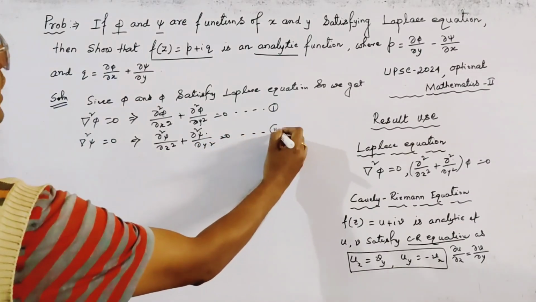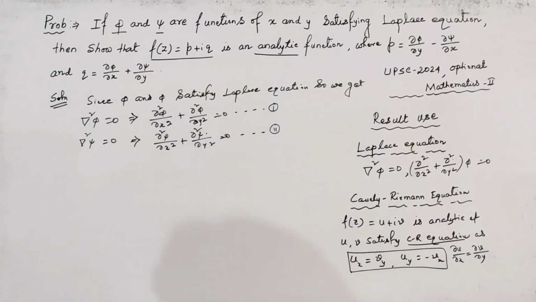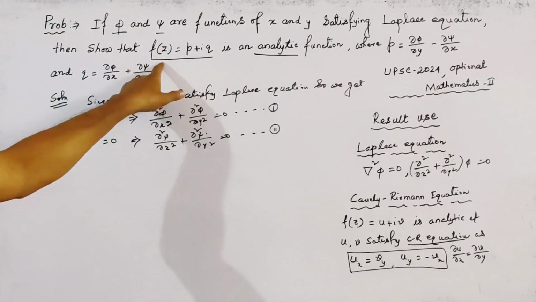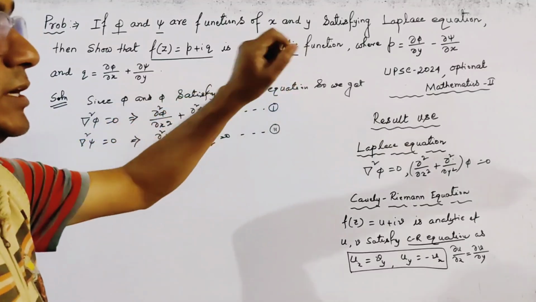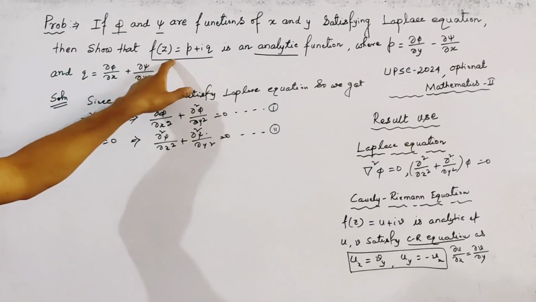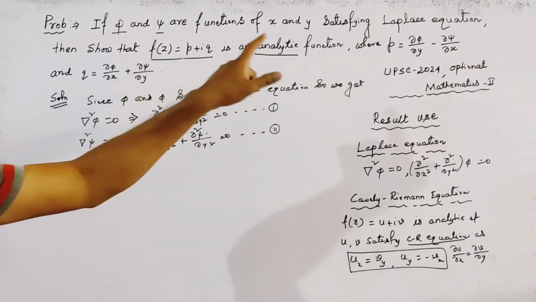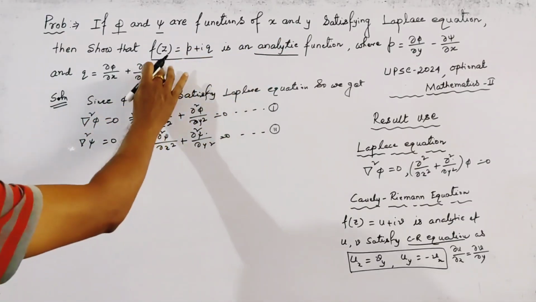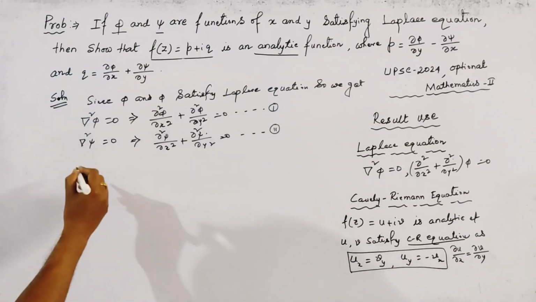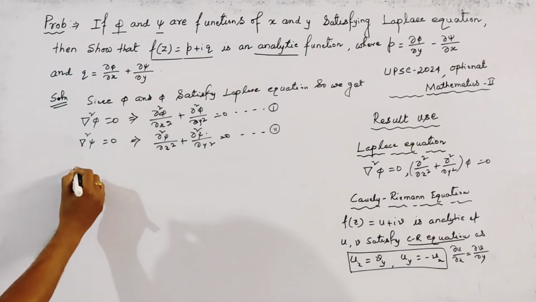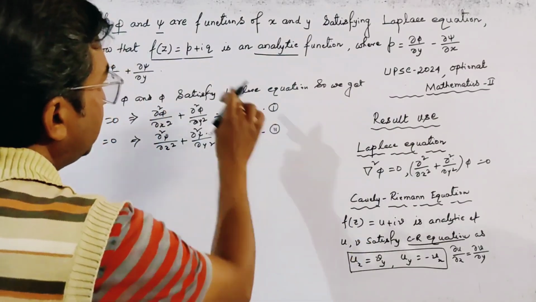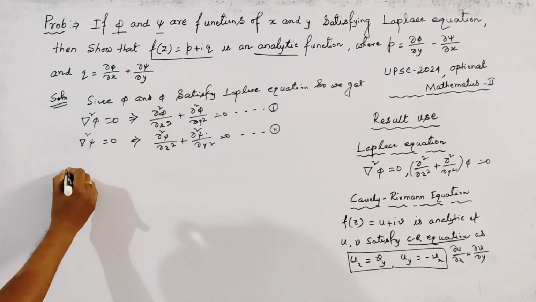Okay, and we have to prove that f of z equal to p plus iq is analytic. So if we prove that p and q satisfy the CR equation, then we prove that f of z equal to p plus iq is analytic. Now we first differentiate p with respect to x. Here p means u, so we get del p by del x.